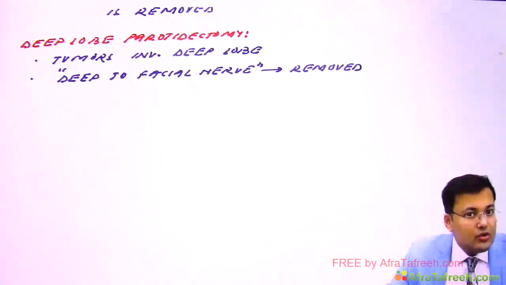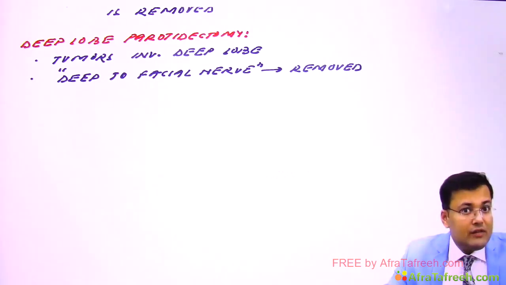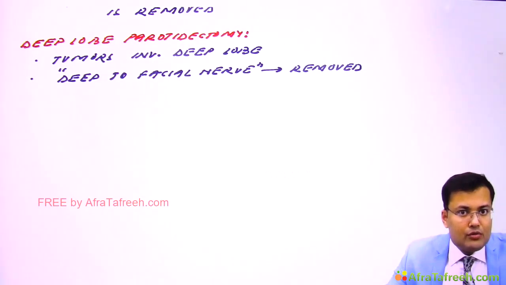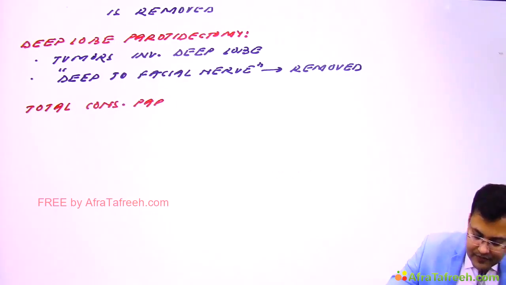Then there is total conservative parotidectomy. Why conservative? Because we are preserving the facial nerve. Why? Because it's not involved, and the tumor is involving both the superficial and deep lobe. So the total parotid is removed. This is known as total conservative parotidectomy. Clear?